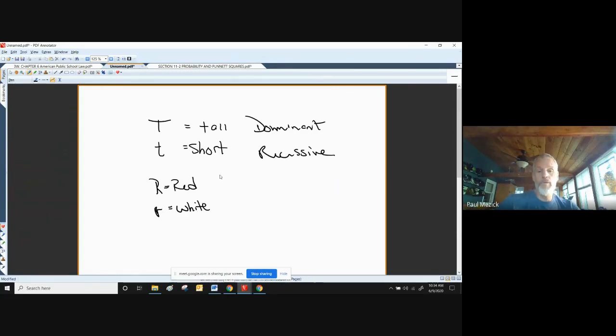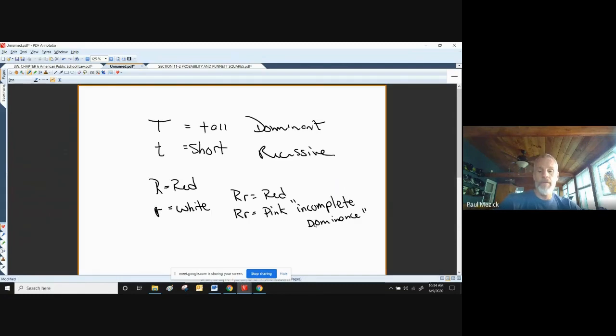Based on what you've learned, you would say that if I had a capital R, little r, it would be red. There are instances where a capital R, little r would actually be pink. And this is called incomplete dominance. You want to make sure you record that.